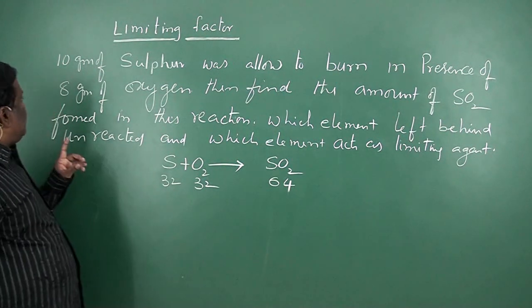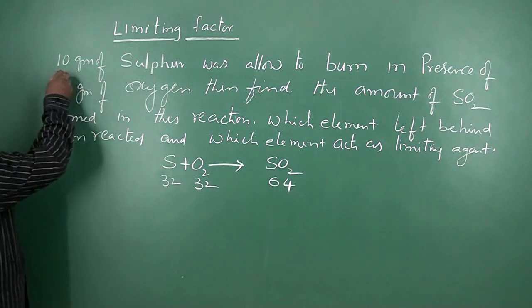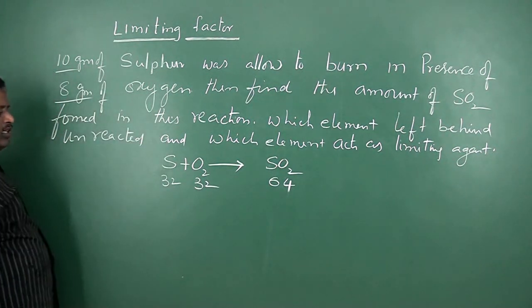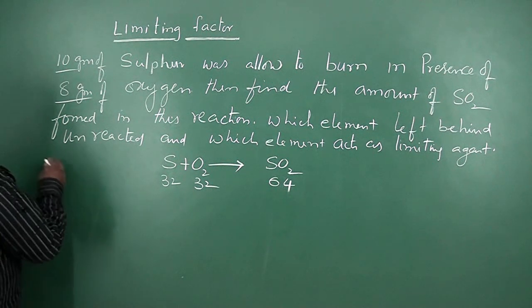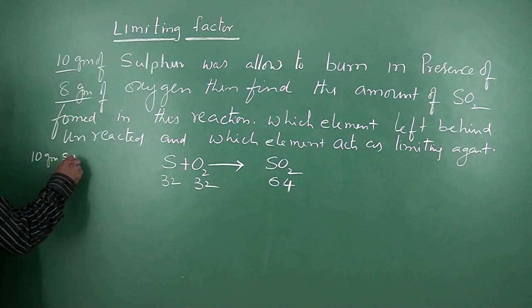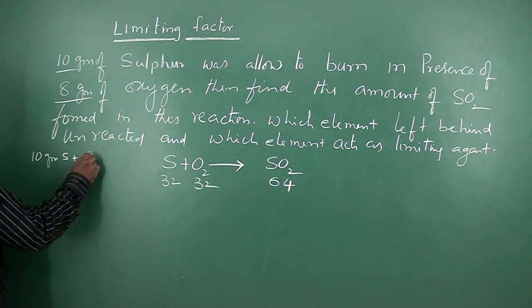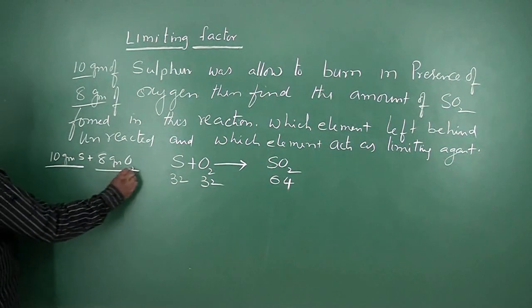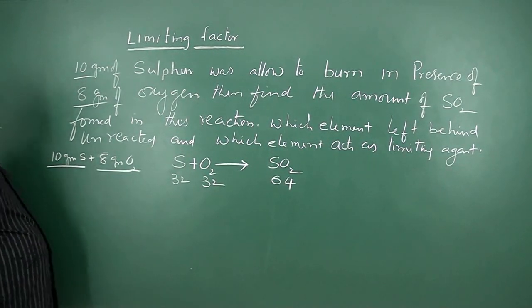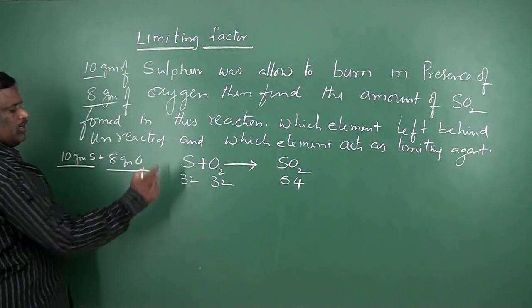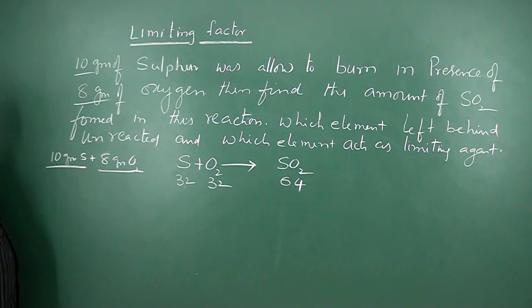But here what is the problem? 10 grams of sulfur was burned in 8 grams of oxygen. So, in this problem, you have 10 grams of sulfur and 8 grams of O2. According to this equation, 32 grams of oxygen will burn 32 grams of sulfur.